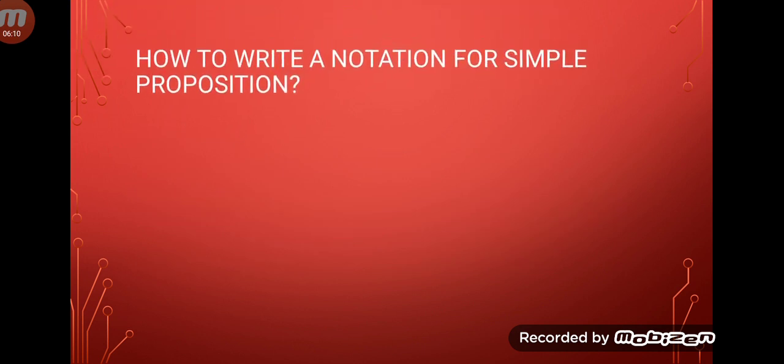And then, how to write a notation for simple propositions. I have some examples here from the book. Abraham died: Abraham becomes a, and died becomes die, back to the verb 1 form.